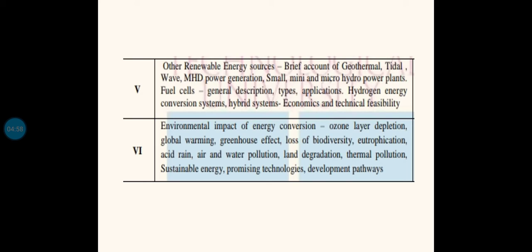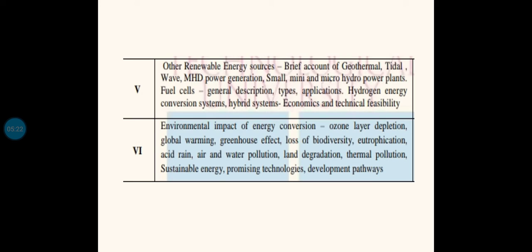Then comes fuel cell, general description, types and application. Then another important renewable energy, hydrogen energy: how hydrogen is produced, how it is converted, the conversion system and hybrid system. Then comes the economics and technical feasibility. That's all about the fifth module.